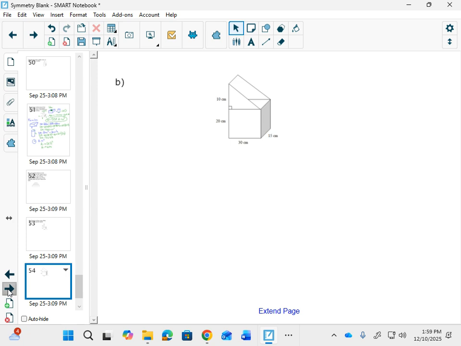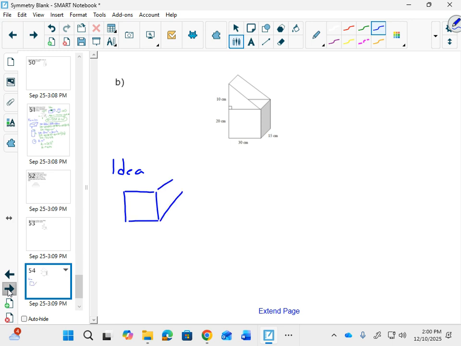Okay. So we have a cube and a triangular prism on top of it. We could do the same kind of thinking we did before. We could figure out the whole surface area of the rectangular prism, add the surface area of the triangular prism.